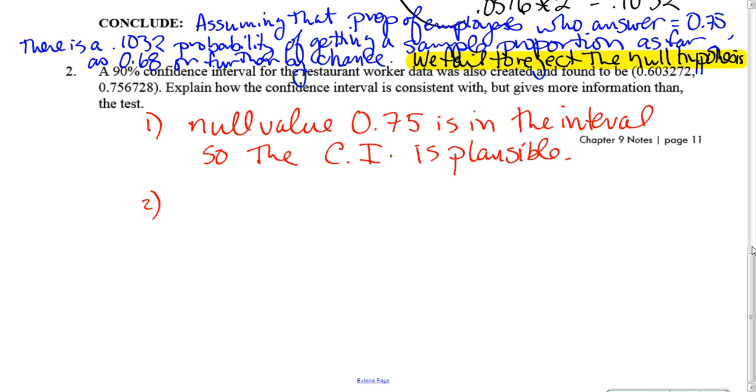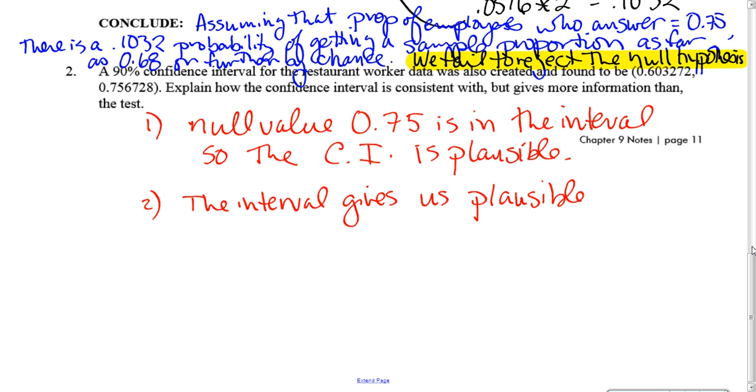So what does that interval mean? What the interval actually does is it gives us other plausible values for P, in this case the values for the null hypothesis.